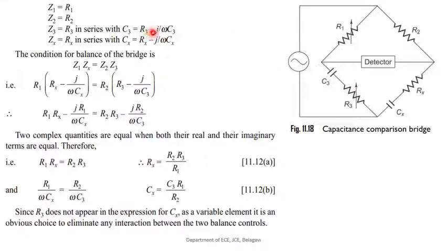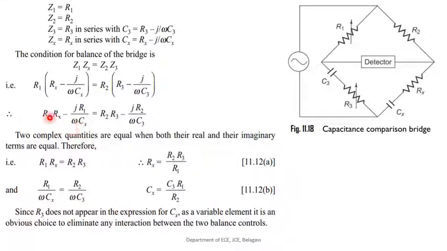Now for the bridge to balance, you have Z1 into Zx is equal to Z2 into Z3. Then you substitute R1 times (Rx minus j divided by omega Cx) equal to R2 times (R3 minus j divided by omega C3).